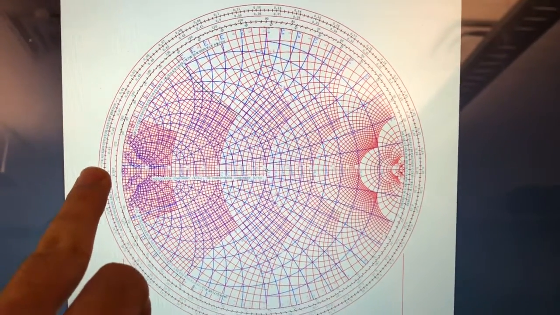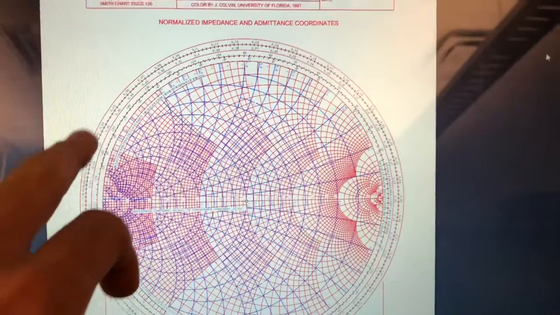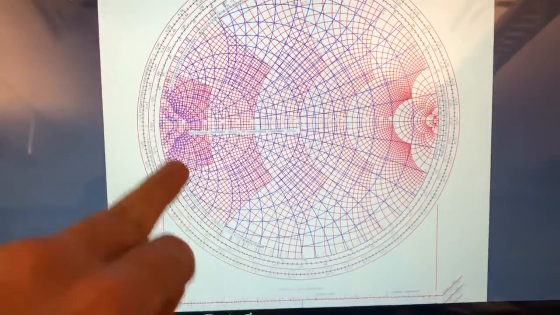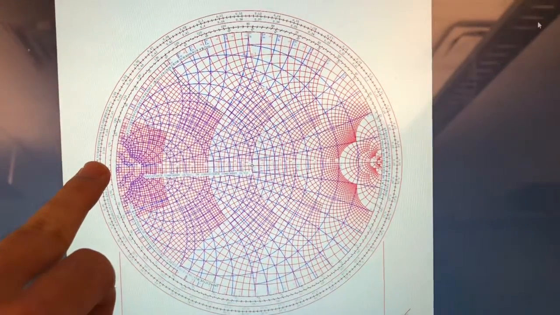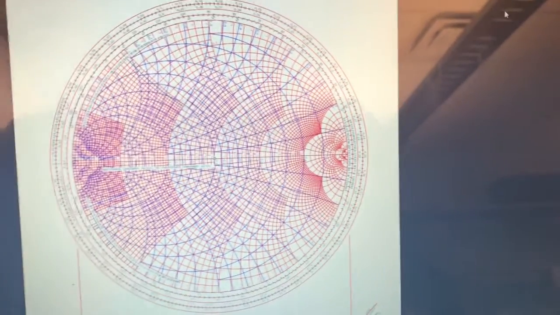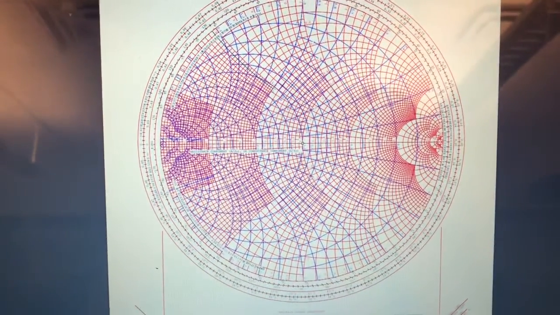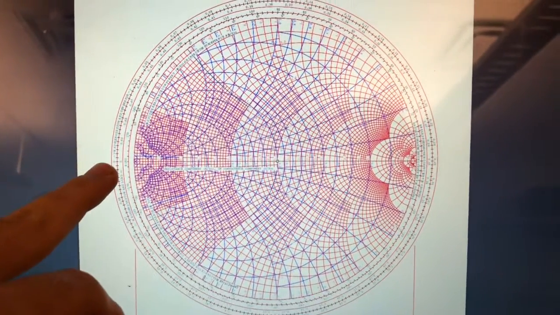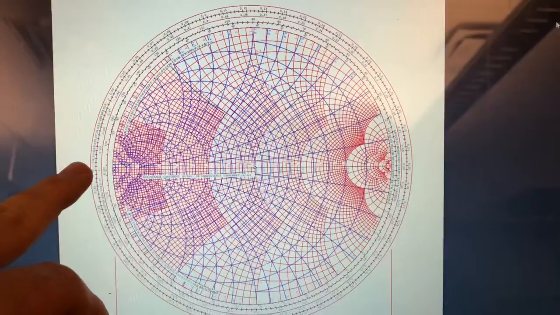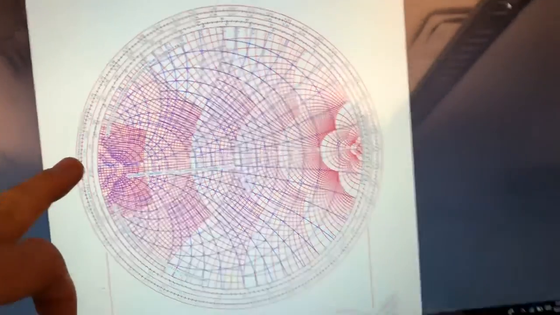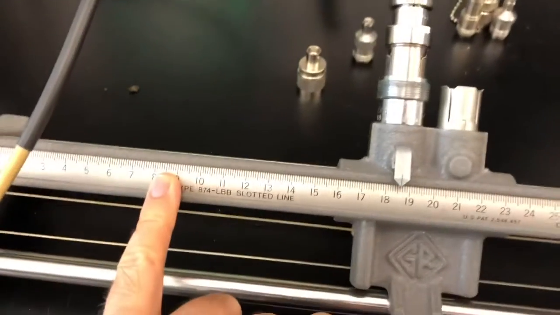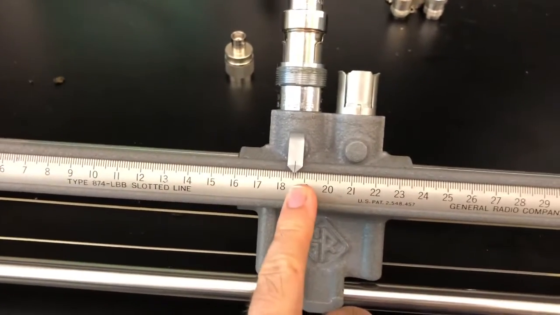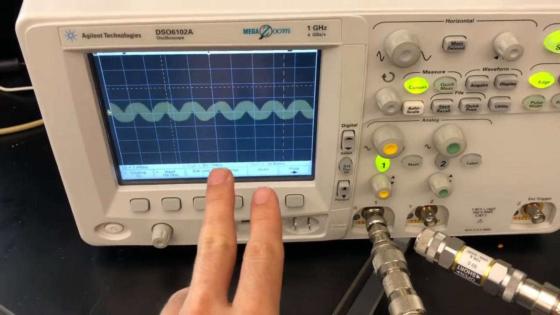From one short to another short, we have lambda over 2. And we know that lambda is 20 centimeters, so we expect to need 10 centimeters to go from here to here. That's what we saw: it was 8.5 and then we went to 18.5, and we could see the minimum or short again.